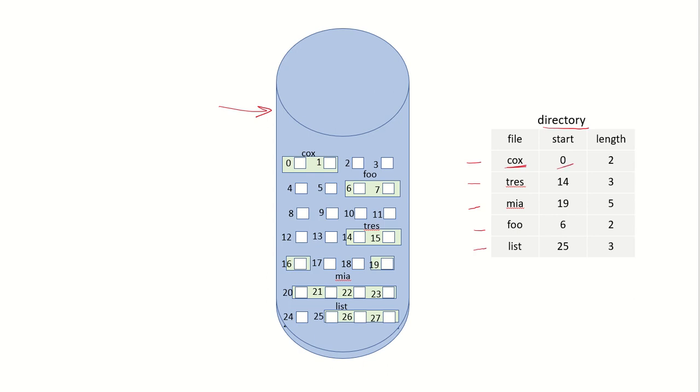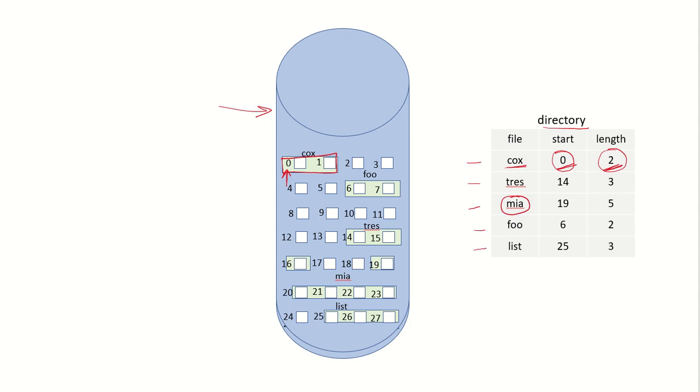If you see over here, the start block is 0, and since the length is 2, 2 contiguous blocks are allocated to it on the storage device. So the start address is given, and the length of the file in terms of how many blocks are being utilized by that file is specified in the directory.